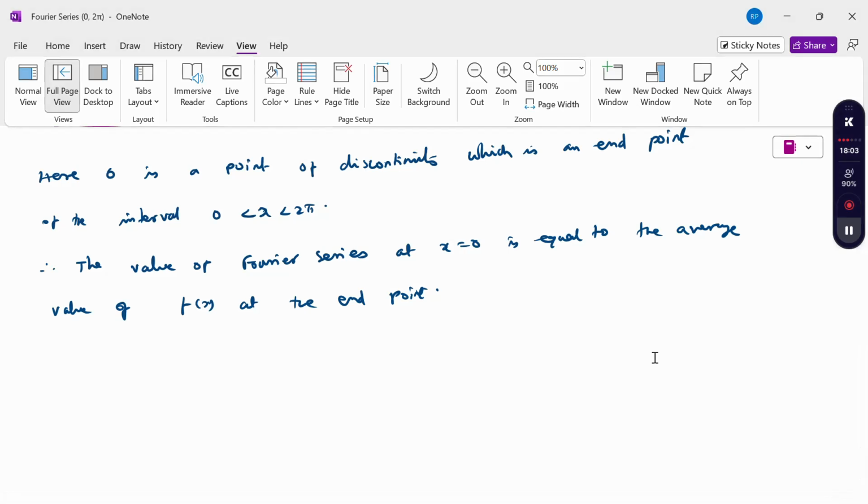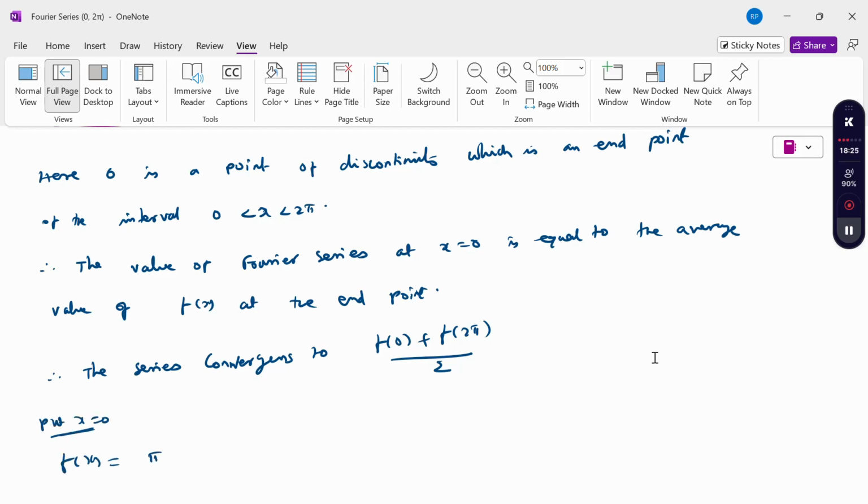So therefore the series converges to f of 0 plus f of 2 pi by 2, taking the average of the end points. So when I am substituting x equals 0, where f of x is pi minus x whole square equal to pi square by 3 plus 4 summation n from 1 to infinity cos nx by n square.